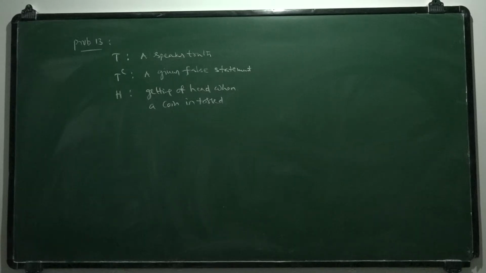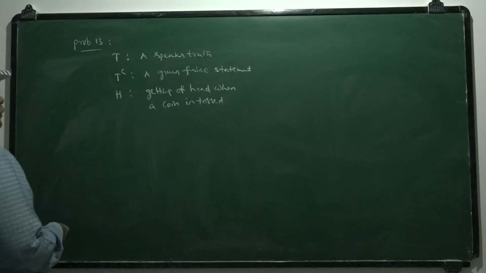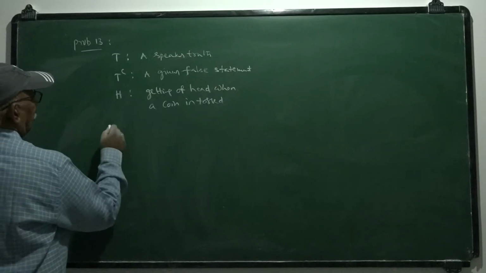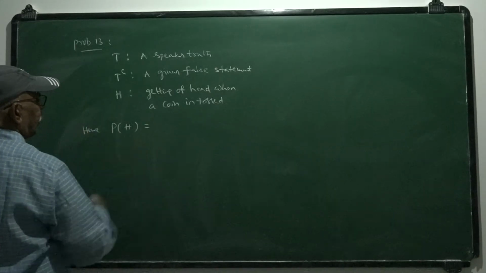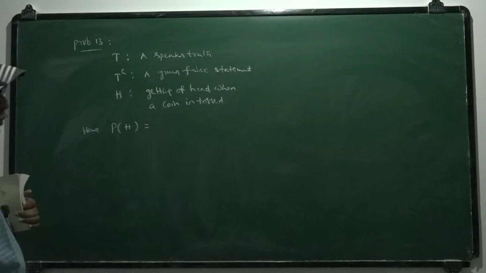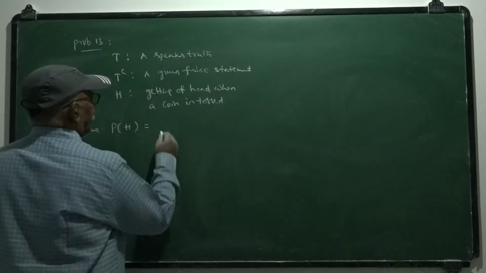So, now the probability that he reports, once he reports it is head, what is the probability that actually it is head? That means probability of getting head once he gives a true statement. Probability of getting head may happen in two cases.